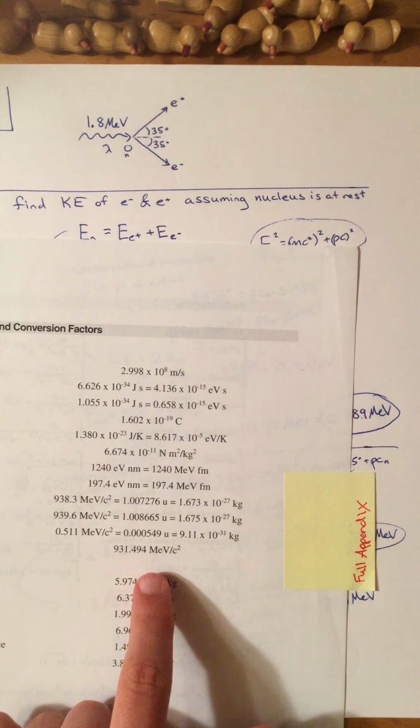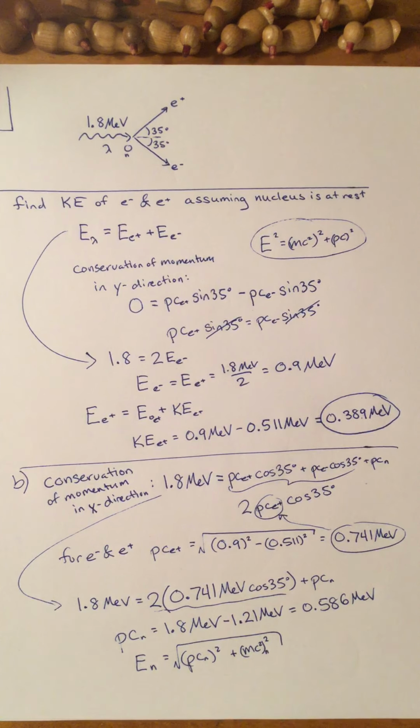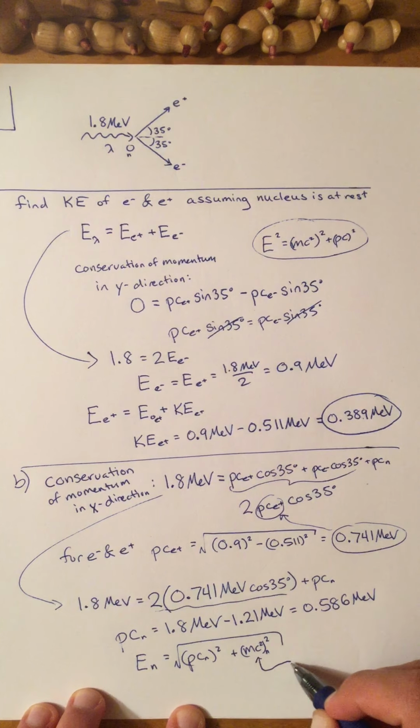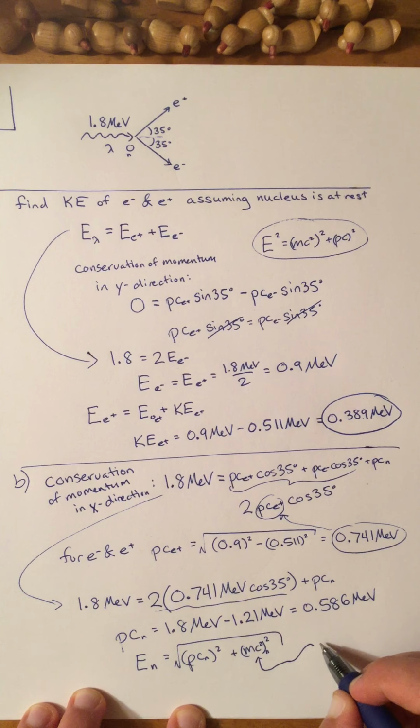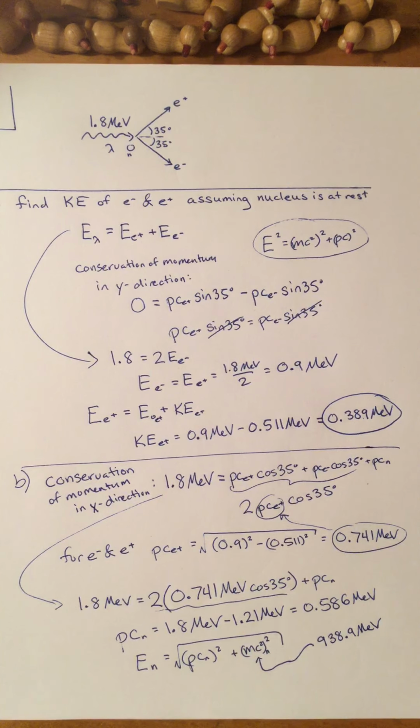But this is mass, and I want rest energy, so I'm multiplying by c squared, so I can just change that to 931.494 mega electron volts. Multiplying that by the 1.0079 that I had from the periodic table gives me 938.9 mega electron volts.